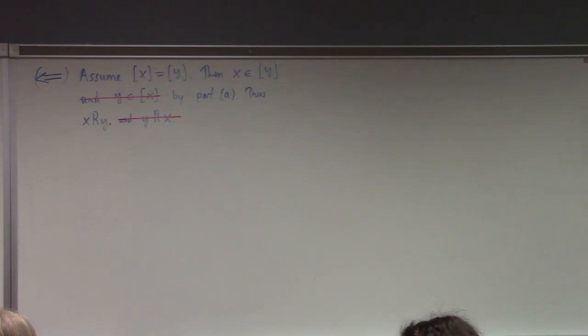So part of the proof for part C probably should involve something like, if I pick a z which is in the intersection of these two guys, then that would mean that z is related to x and z is related to y, hence by transitivity, x is related to y, which then means that they're actually the same equivalence class, which then, of course, implies that.